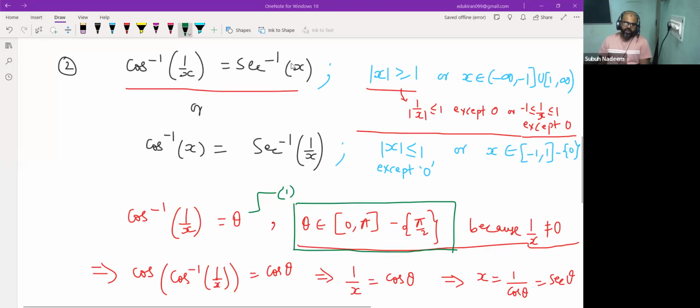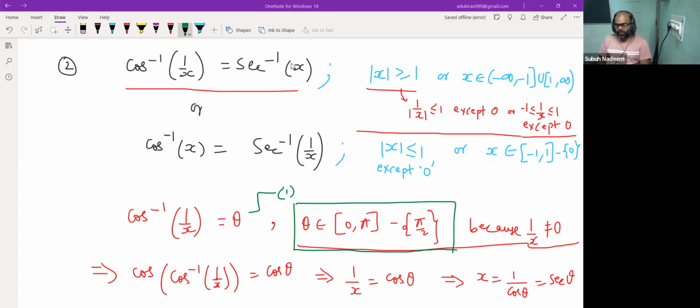Faza is asking, sir, will proving questions for this come for the test? Proving does not come for the test, but these proofs are very important because these concepts are actually used in questions. You will understand the importance of this derivation when we do the third one, that is tan inverse.